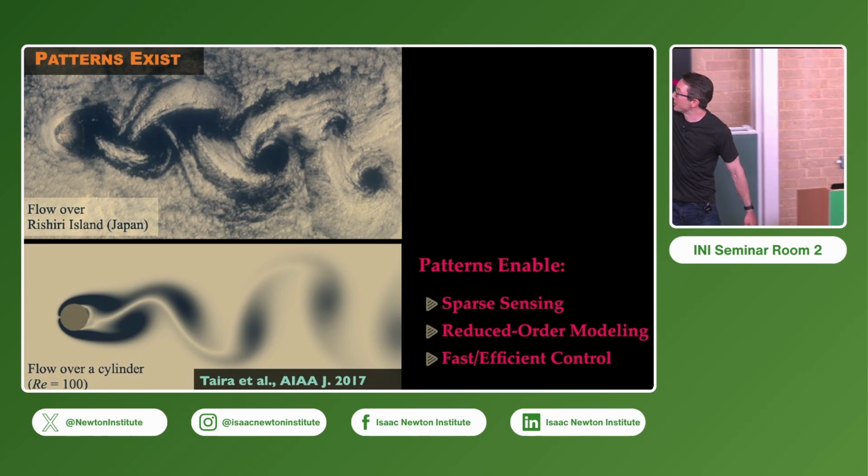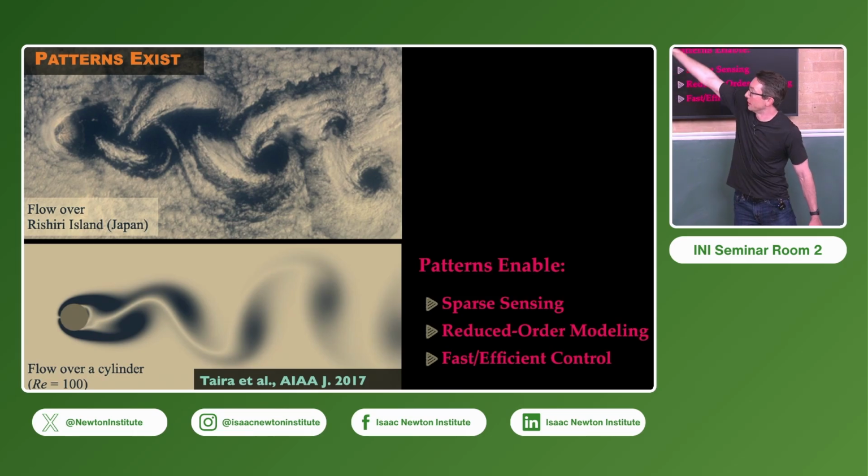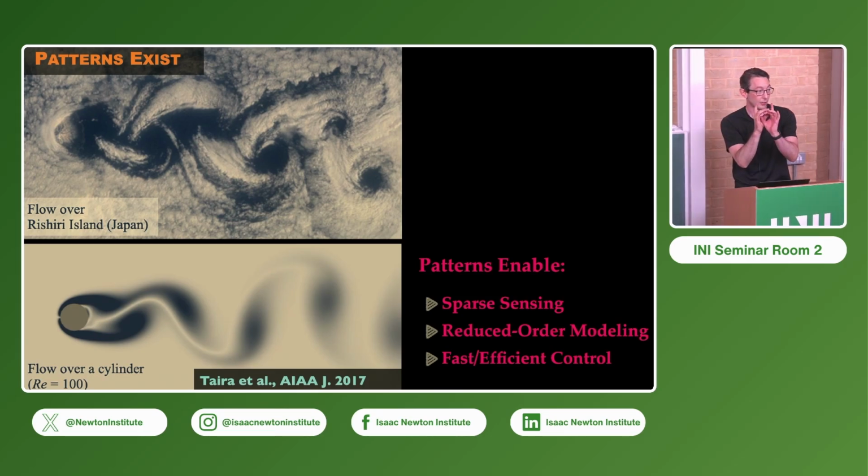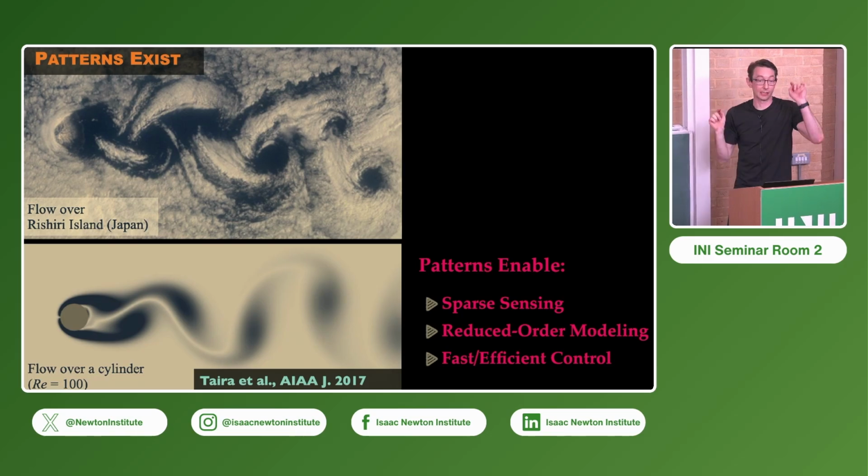I don't need to measure every single pixel in this movie to know what's happening. I can look at a little patch, or I can measure 5 or 6 points. And those 5 or 6 points, if I look at their time history, they will capture the main story of what's happening in this larger dynamical system. Again, patterns facilitate sparse measurements.